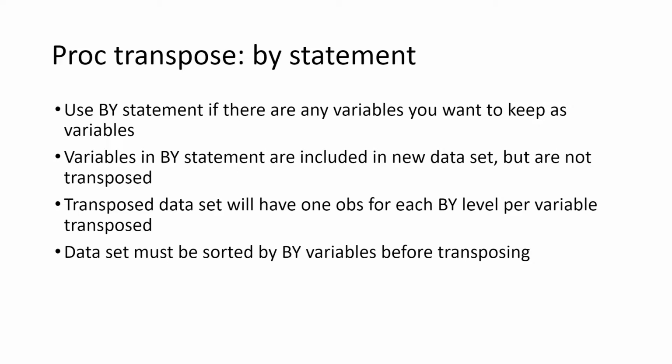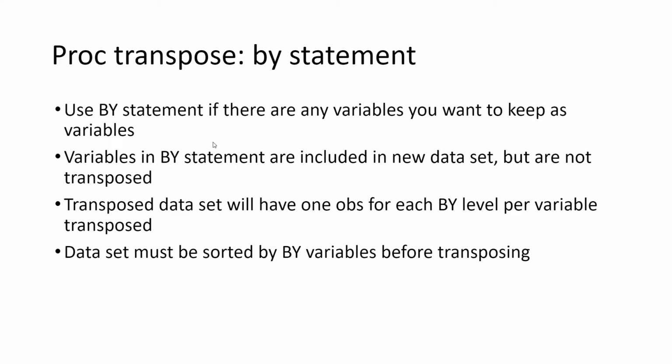So we use the by statement if there are any variables we want to keep as variables, and variables in the by statement are included in a new data set but are not transposed. So then the transposed data set will have one observation for each by level per variable transposed.